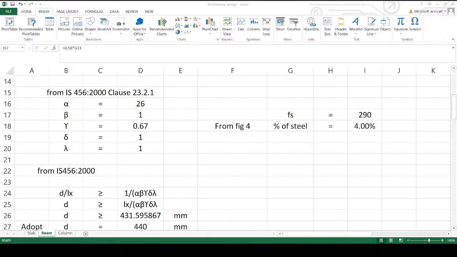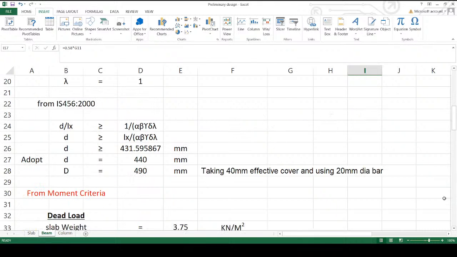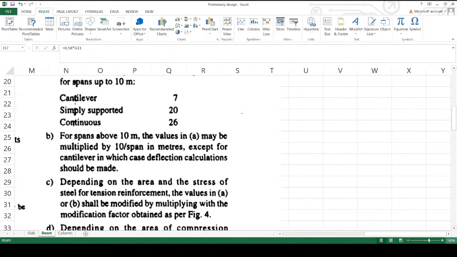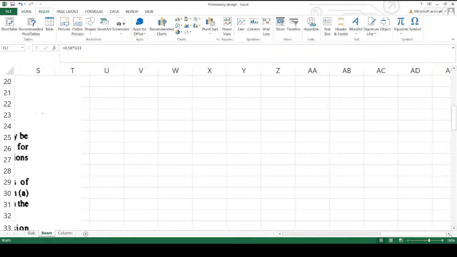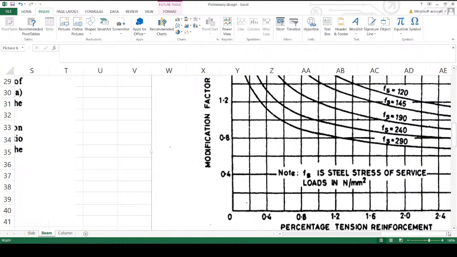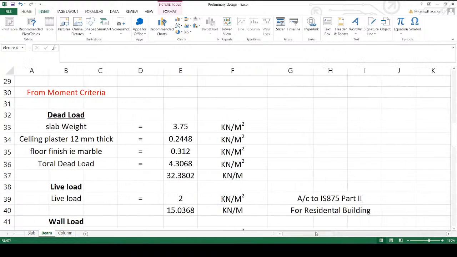Gamma means the modification factor. On page number 38, this is our graph.